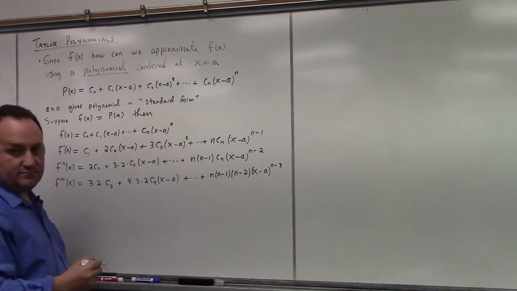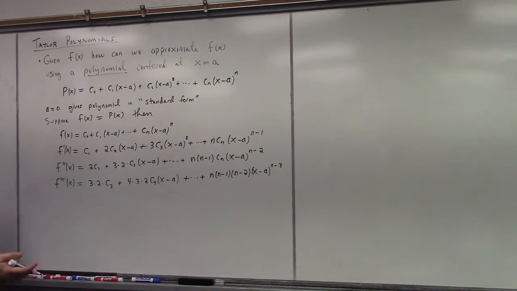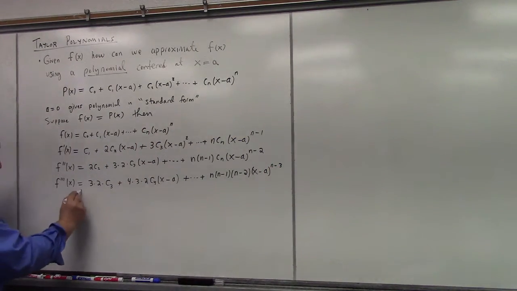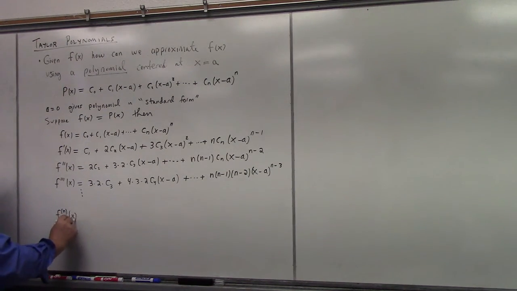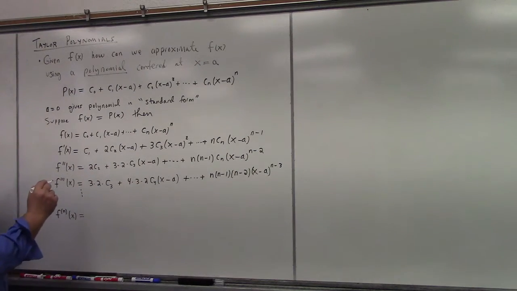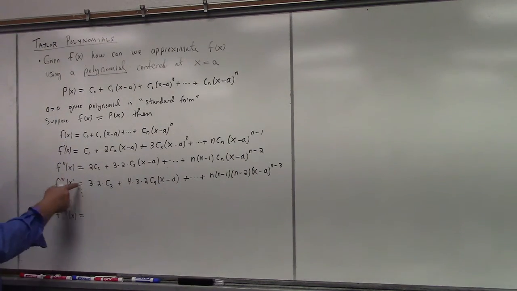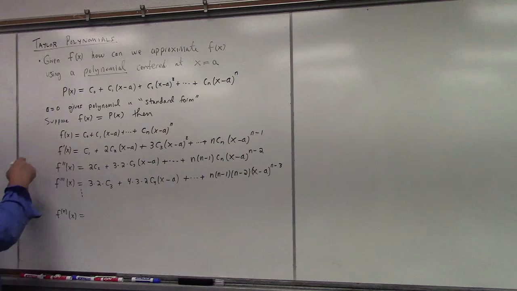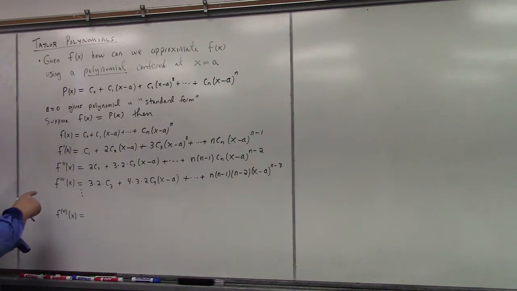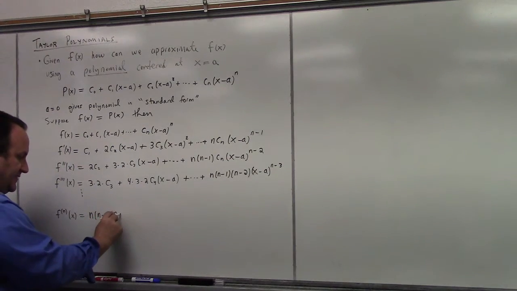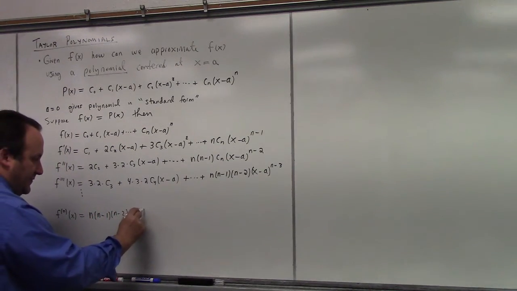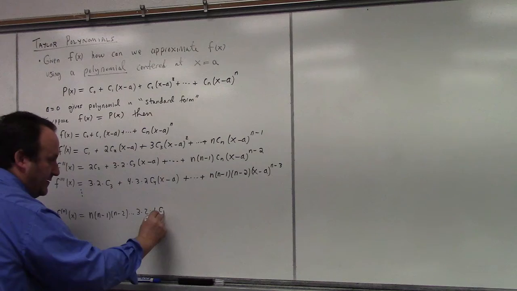And if you see the pattern here, we just keep doing this, right? What's the nth derivative? Well, we led with a 3 with 3, a 2 with 2, a 1 with 1, right? So the lead thing is n times n minus 1 times n minus 2, down to 3 times 2 times 1, times cn.